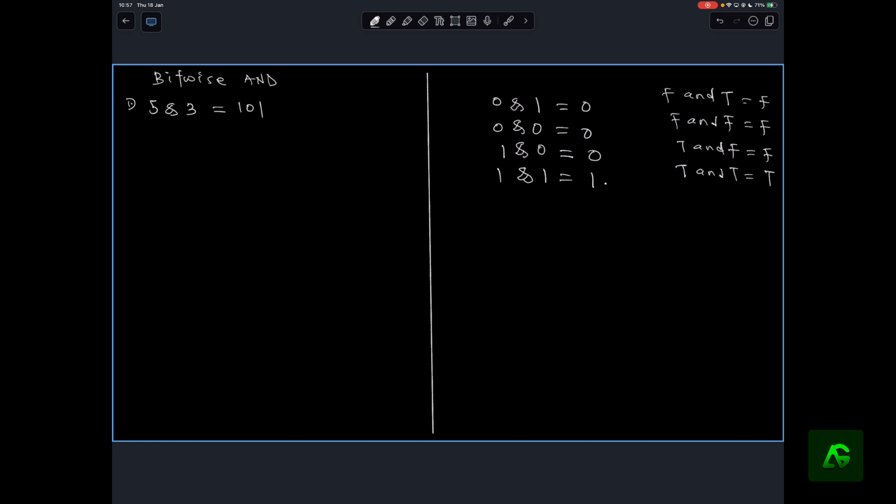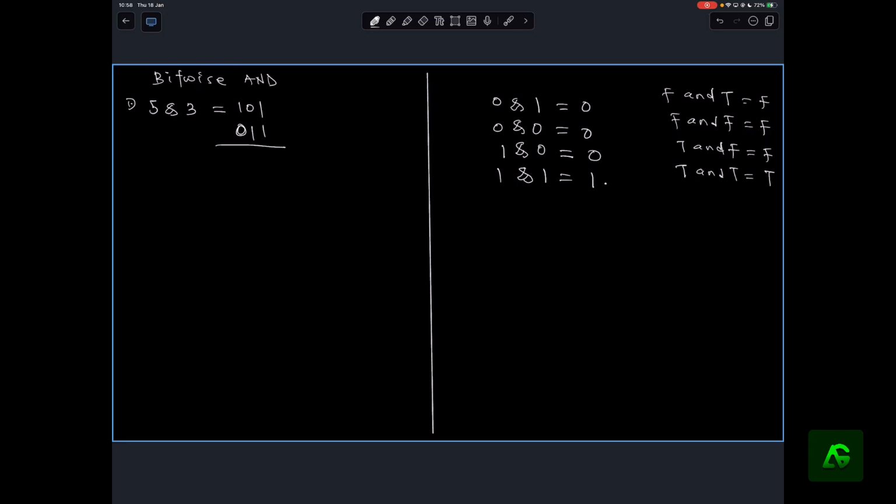And 3 is 1 1. Up here we have 3 digits, and down here we have 2 digits. So we need to make them the same number of digits, which means we add a 0 here to complement that.